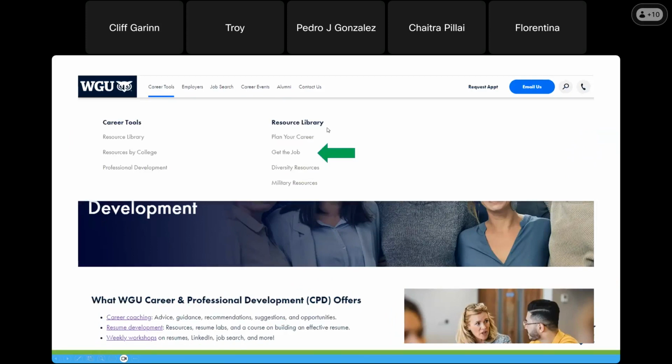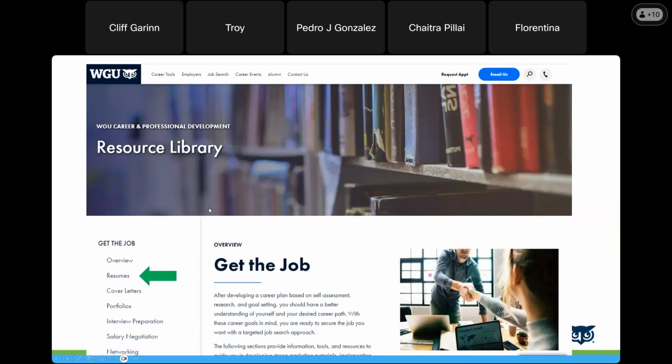Then it will take you to another page where you want to click, under resource library, on Get the Job. And then that's going to take you to where you will click on Resumes. And that resume course on that next page is what you will need to go through, step 1, and follow those instructions. And that's kind of the path to getting a resume review.